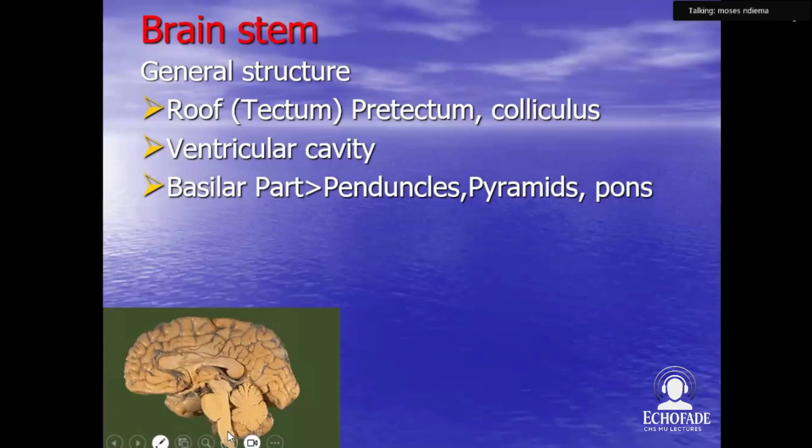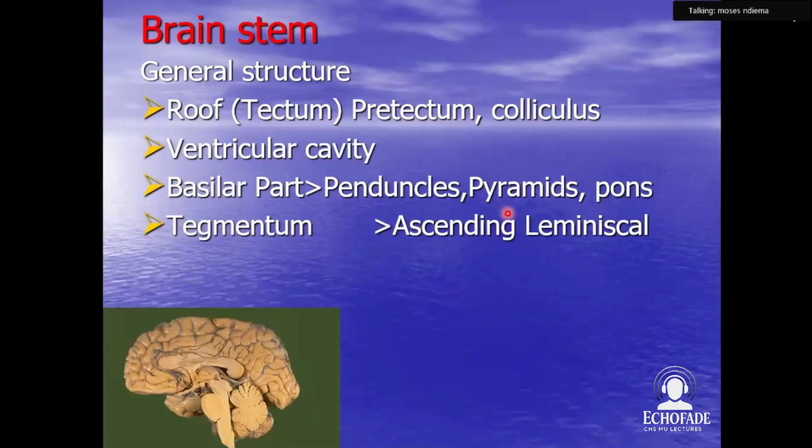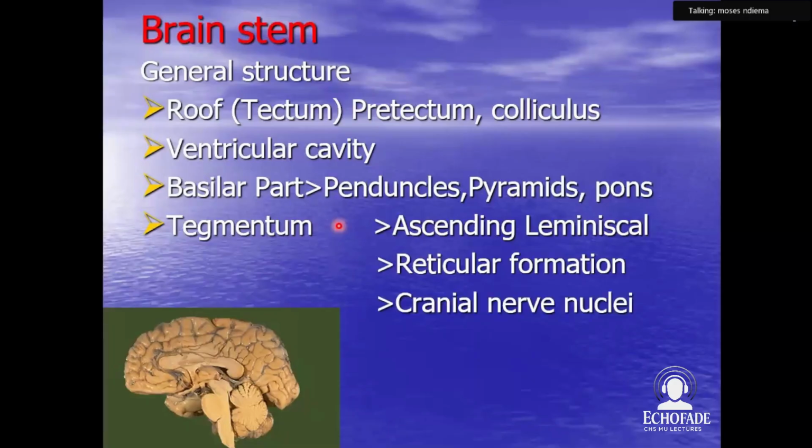In the case of the medulla oblongata, the basal part contains pyramids. Then we have the tegmentum, comprising ascending fibers and also descending fibers, reticular formation, which we'll be talking about later, and the cranial nerve nuclei.